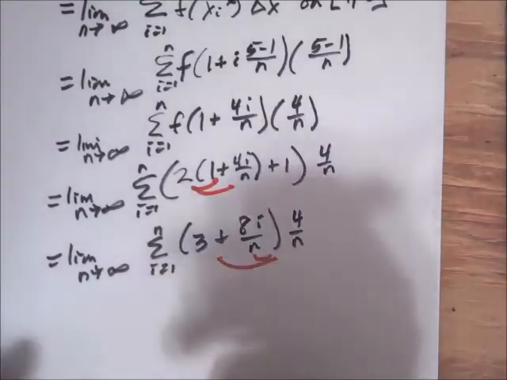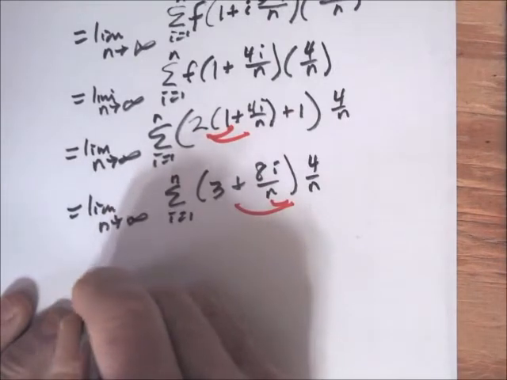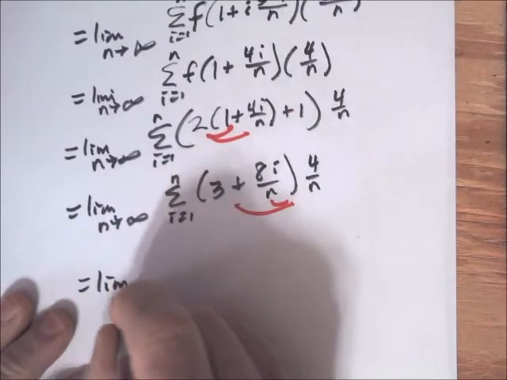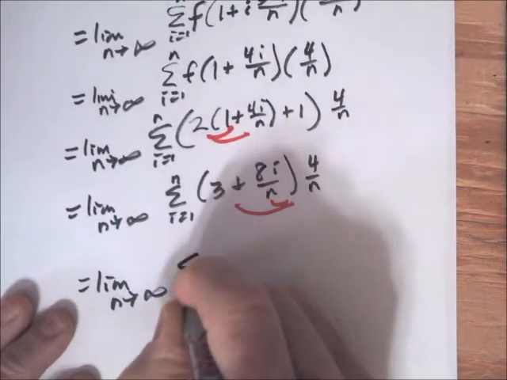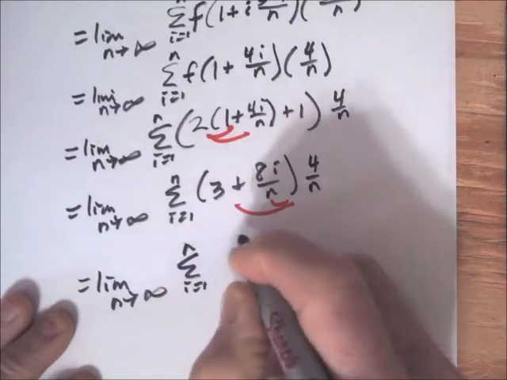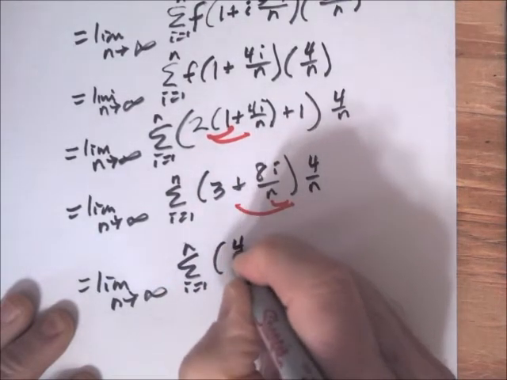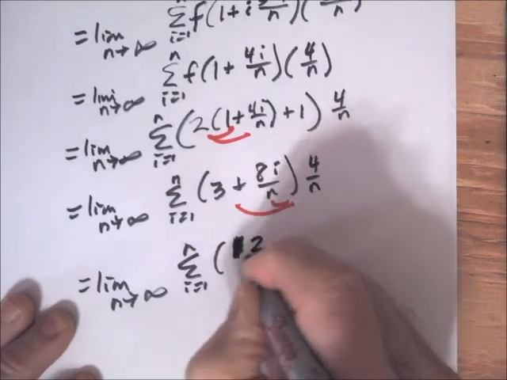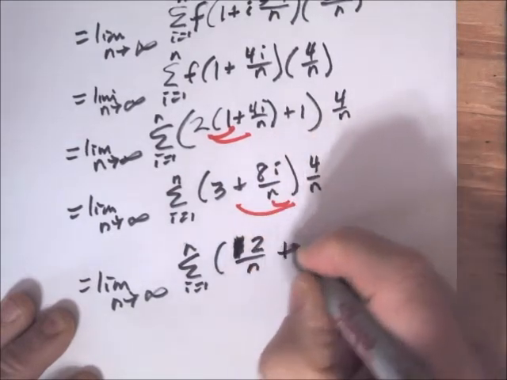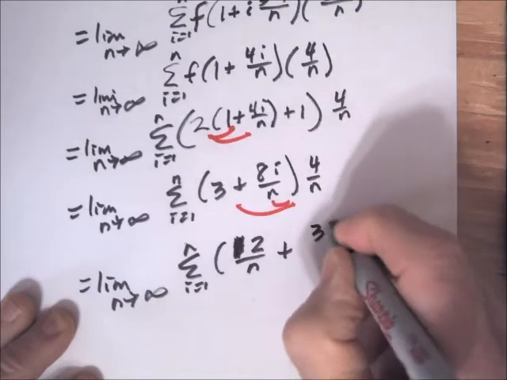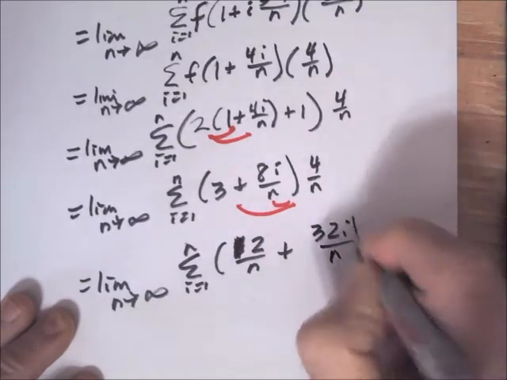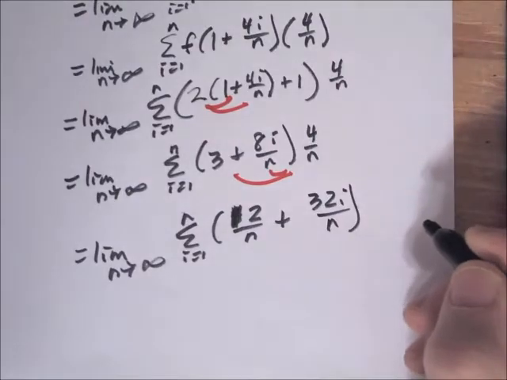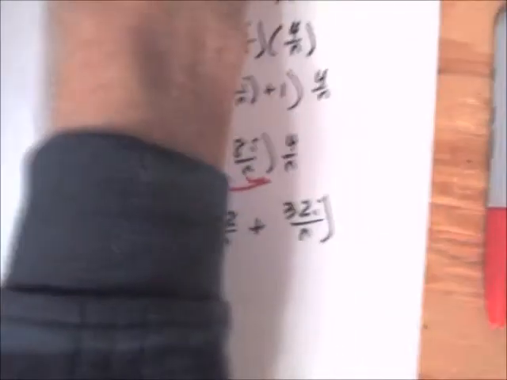Now we can distribute the 4 over n, and so this will be the limit as n goes to infinity of the summation i equals 1 to n of 12 over n, 4 times 3 is 12 over n, plus 32i over n. And then we can split up the limit and split up the sum.